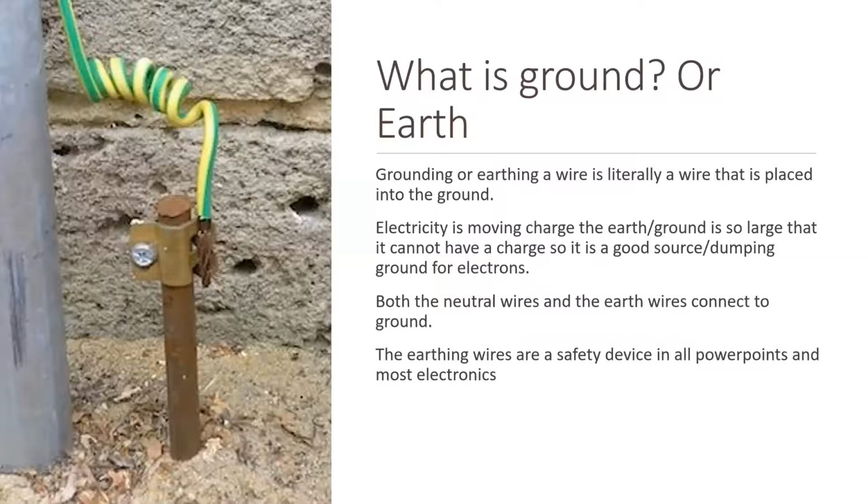If you go to your meter box and look underneath your electrical box, you should be able to find a bar that goes into the ground, and that is your grounding wire.